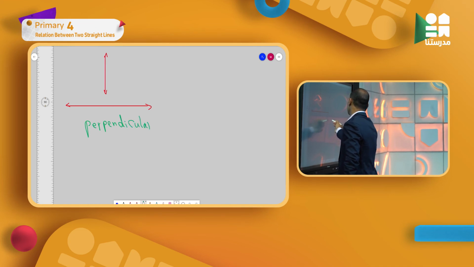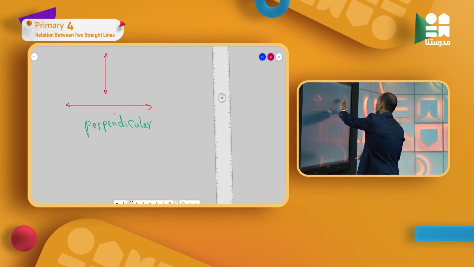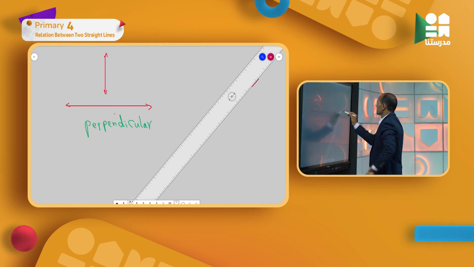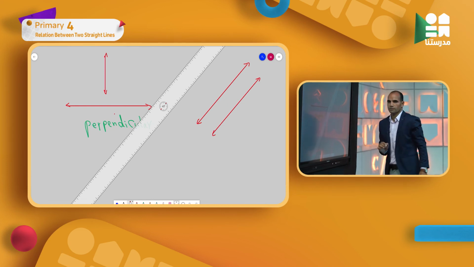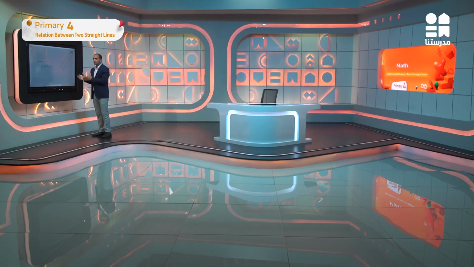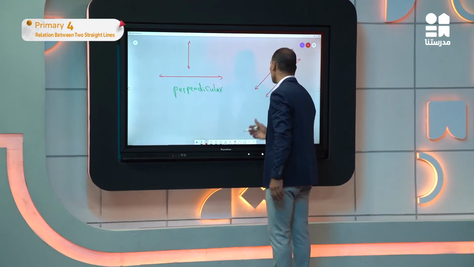Perpendicular. And here, when I ask you to write the relation between the two straight lines, you will write what? Intersecting or perpendicular or parallel. Of course, we have here two straight lines that never intersect, as you know, and I'm sure that all of you said the correct relation, which is what?